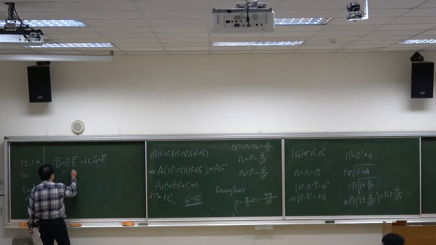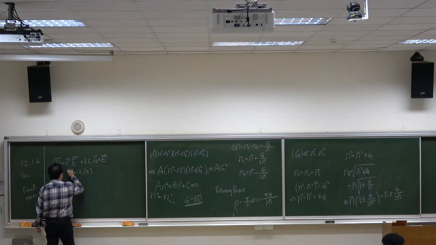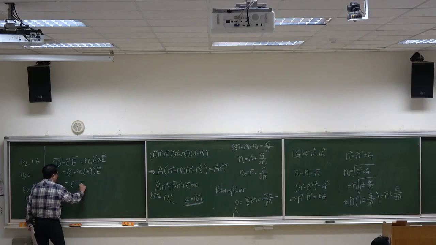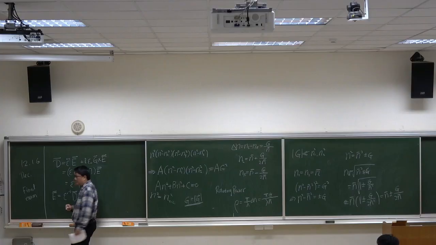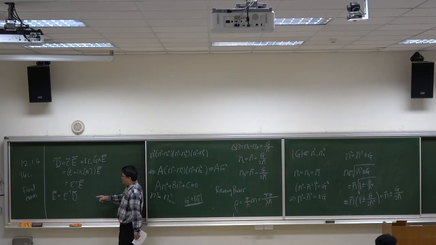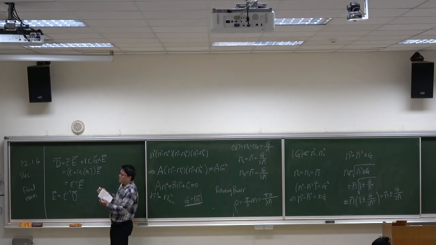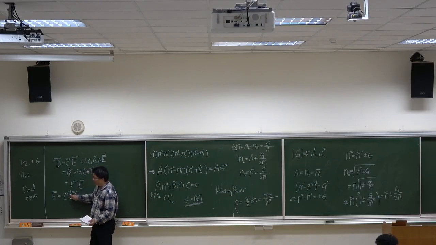This can be written as epsilon plus i epsilon 0 G times E, which can be written as epsilon prime times E. So you can write down E as epsilon prime inverse times D. In the textbook, the author writes this as 1 over epsilon prime, but remember that epsilon prime now is a matrix, so you had better write this as epsilon prime inverse instead of 1 over epsilon prime.